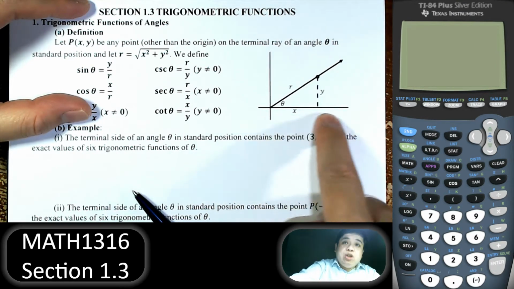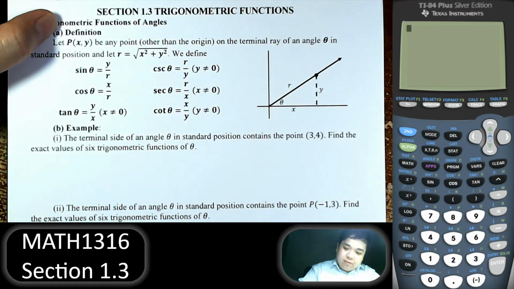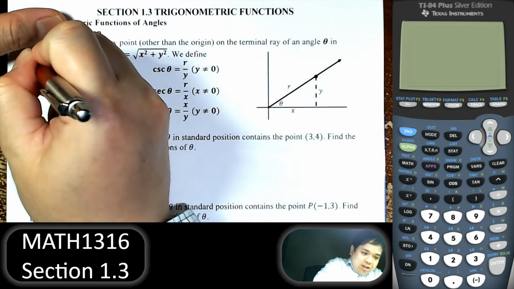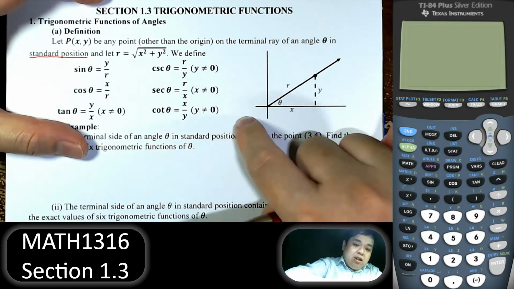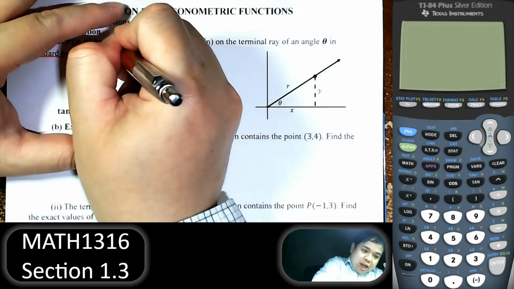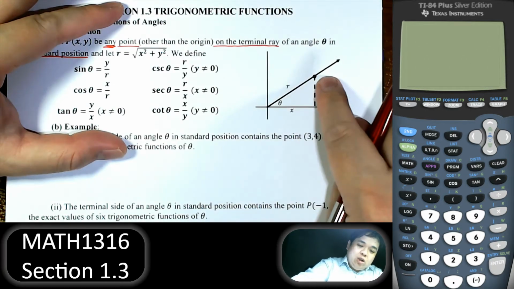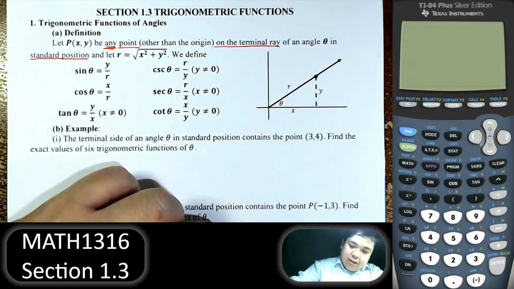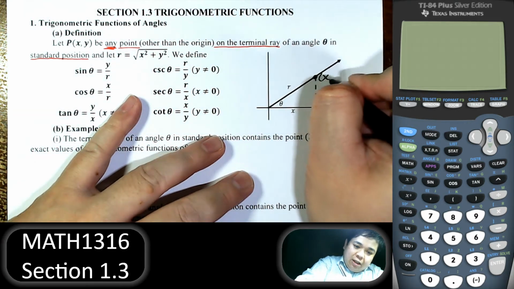Because the initial ray is the positive x-axis, the angle is in standard position, and we can pick any point on the terminal ray. Let's choose that point, with coordinates x and y.